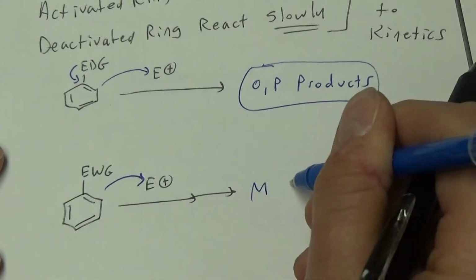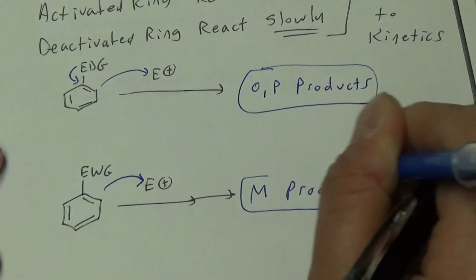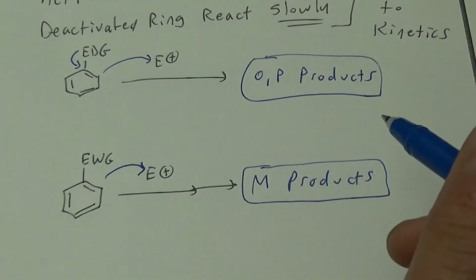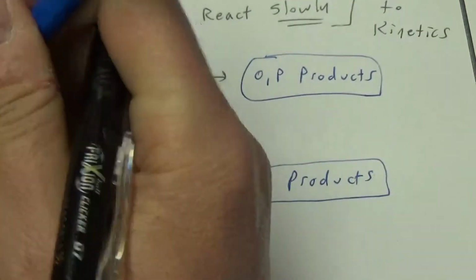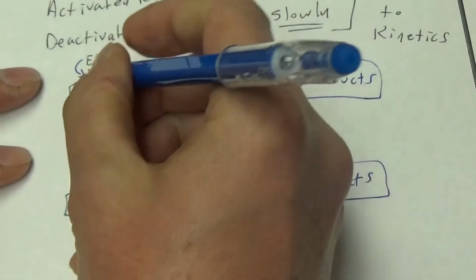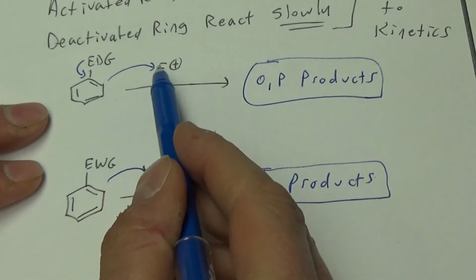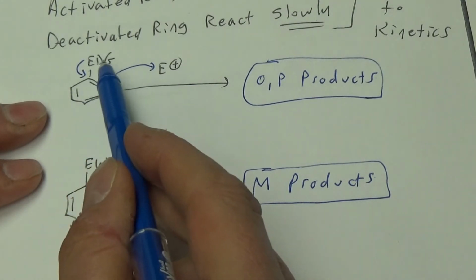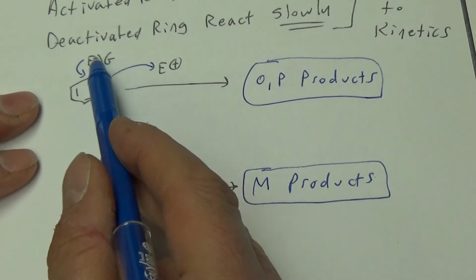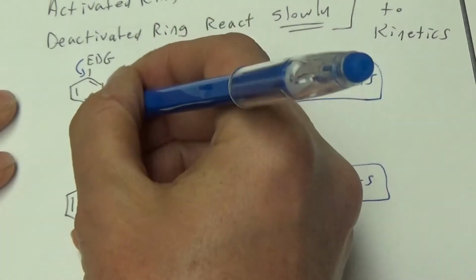Here you get meta products, right? That's what we've been talking about all along. Now which of these do you think would be activated, like going faster? It makes sense that if the benzene's a nucleophile attacking, and your group is kicking electrons in, this would be activated.